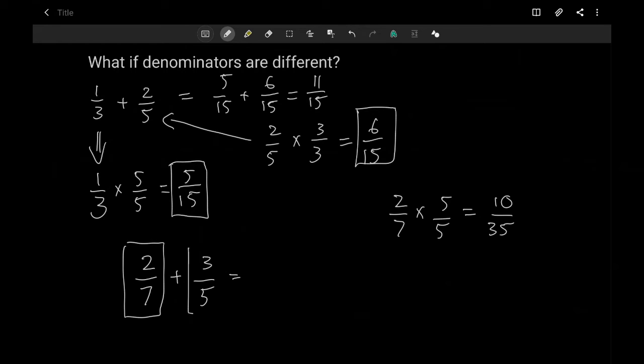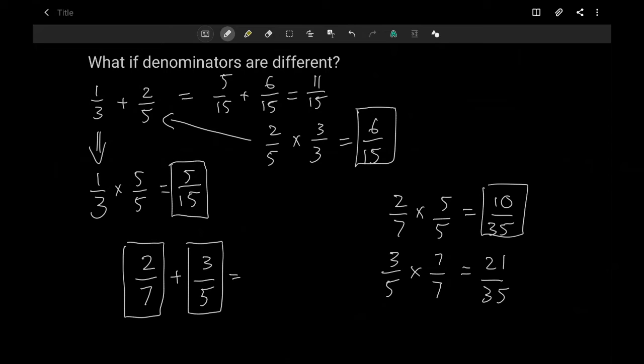And if we multiply the second fraction, which is 3/5, by the opposite denominator, which is 7, we get 21/35. Now we have two fractions which have the same denominator, 10/35 plus 21/35. That gives us 31 over 35.